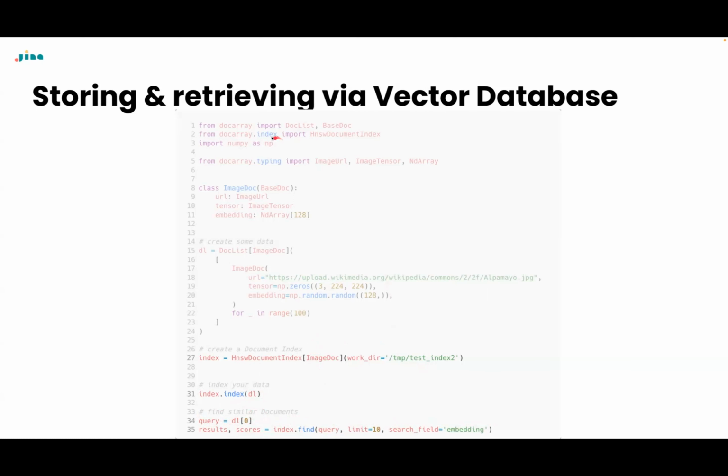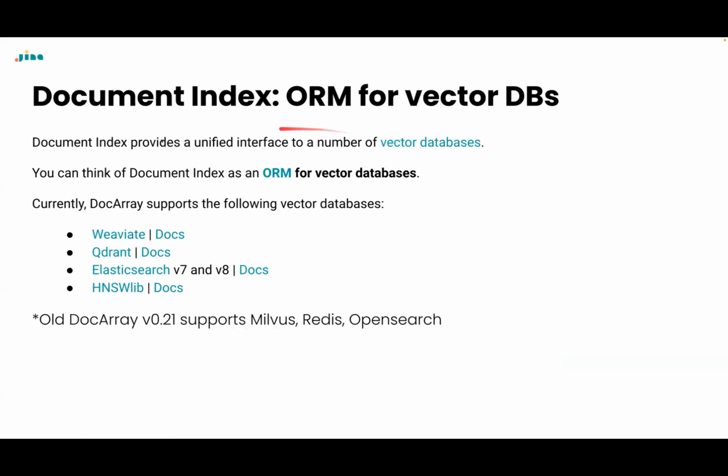So what does this code tell us? It seems like there is a document index, this new class, which we import from docarray.index. This document index actually provides a unified interface to vector databases.